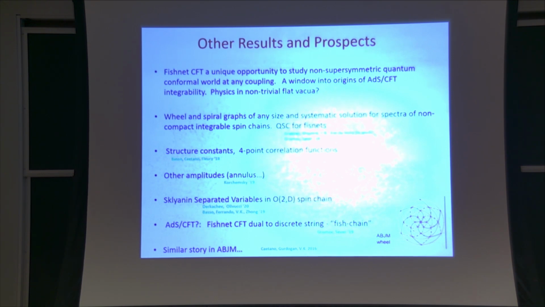Okay, but if you want to compute multi-point functions efficiently, you probably have to solve the problem of separated variables. You have to find separated variables for these non-compact spin chains, to glue various spin chains, say 3 spin chains together.